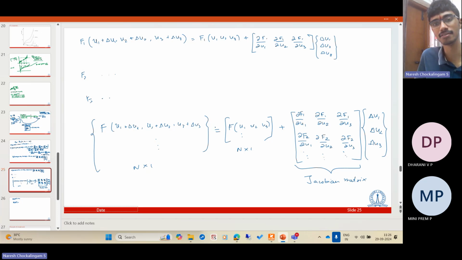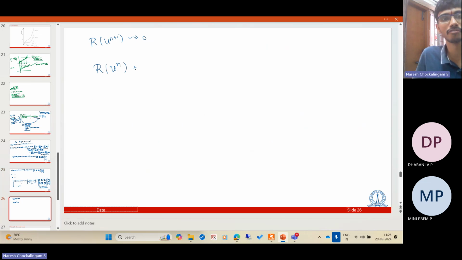This minus this is the residual. R of un plus, what will you get? Jacobian times. Yeah, this is the Jacobian. So this is not one. This is like n components of R, each partial derivative with respect to n components of u. So I can put it as Ri, uj, something like that.